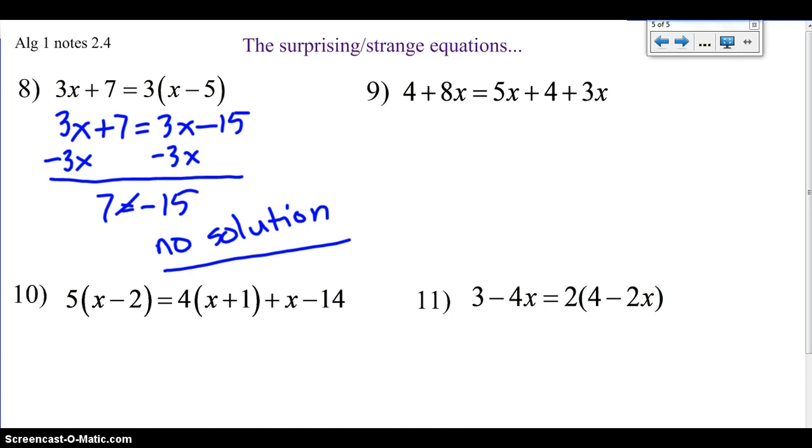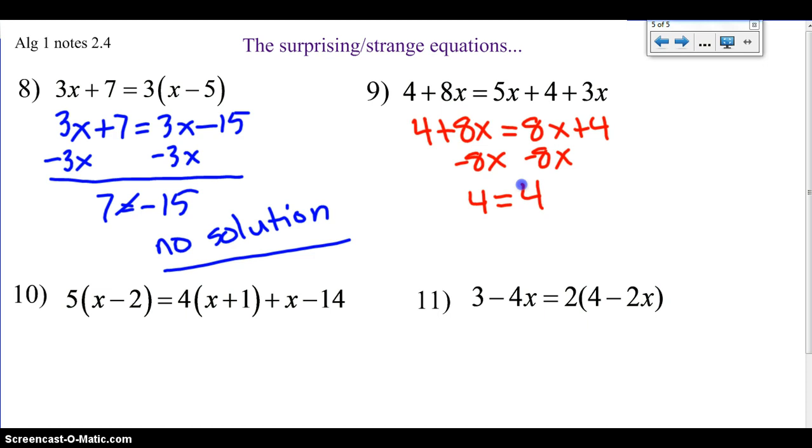All right, let's take a look at number 9 together. First, start by simplifying things. 4 plus 8x equals, and 5x plus 3x, we can combine our like terms there. We'll have 8x plus 4. We can subtract 8x. Again, it's kind of weird, isn't it? But notice the difference. This time we get 4 equal to 4.